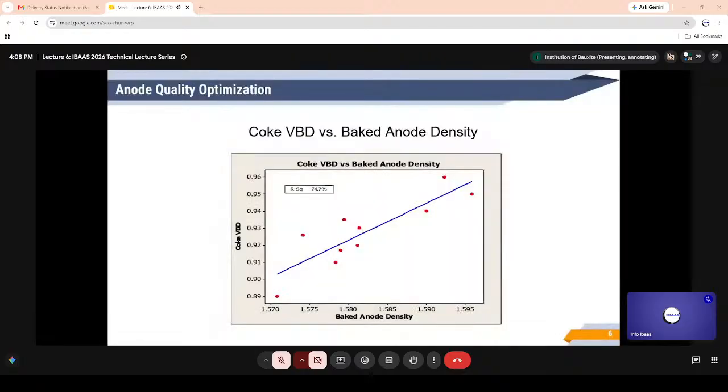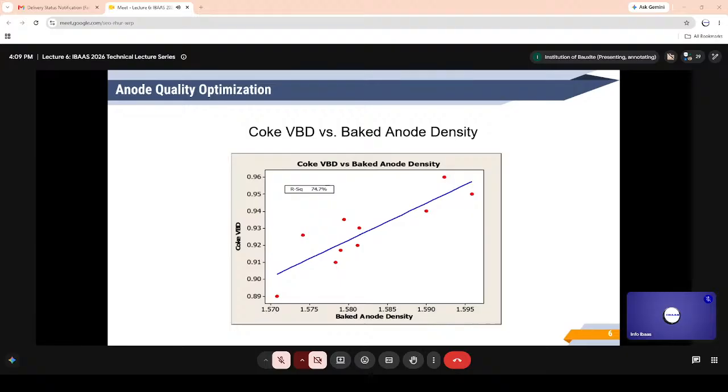The main raw materials used in the production of carbon anodes are calcined petroleum coke as dry aggregate and coal tar pitch as binder. The figure shows the baked anode density improves with increase in vibrated bulk density of cokes.